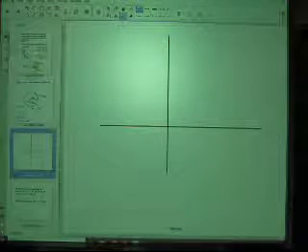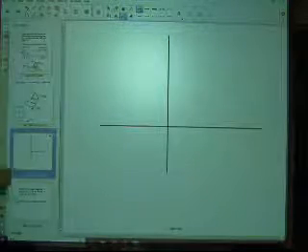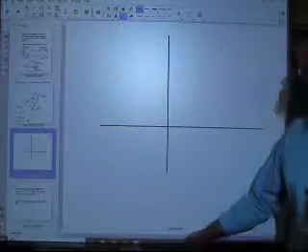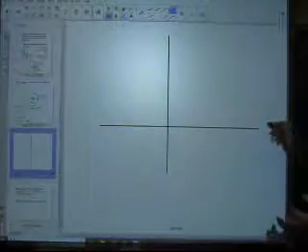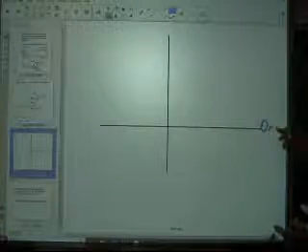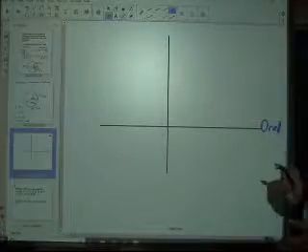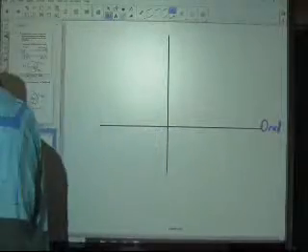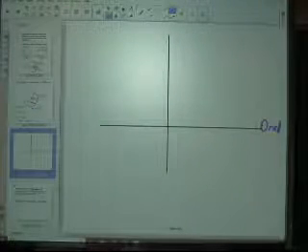Thinking about an angle in standard position, where would we have boundaries happening? One of the things we just had was 0 radians. It starts right there.